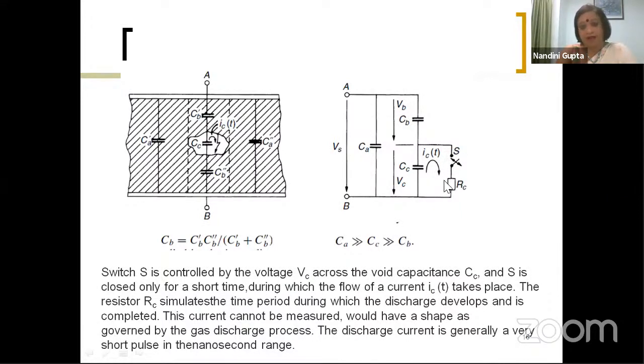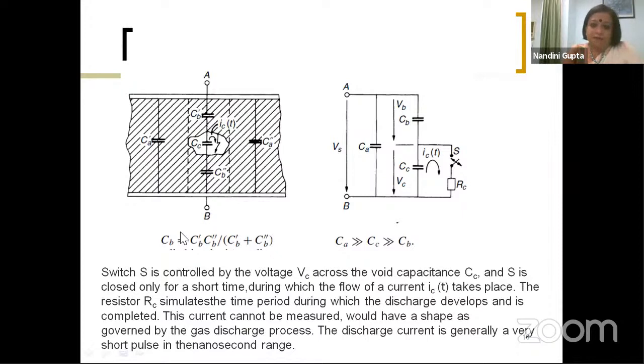So you have a current IC, which will discharge the capacitor CC. RC can be considered to be an equivalent resistance, which kind of determines the time period of the PD pulse.